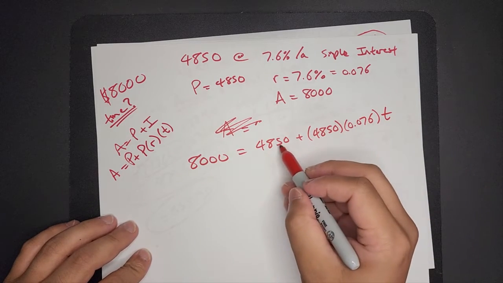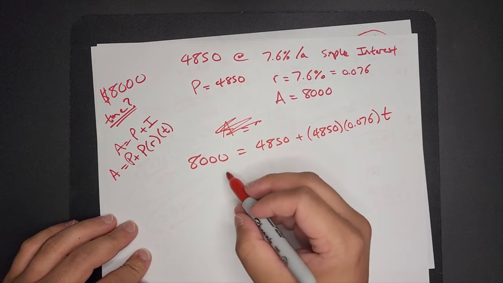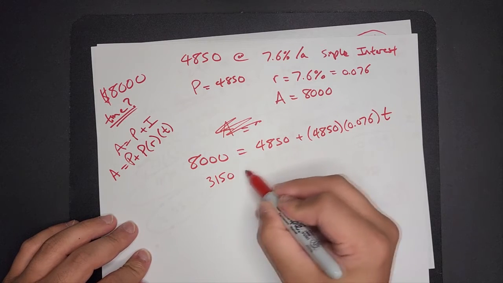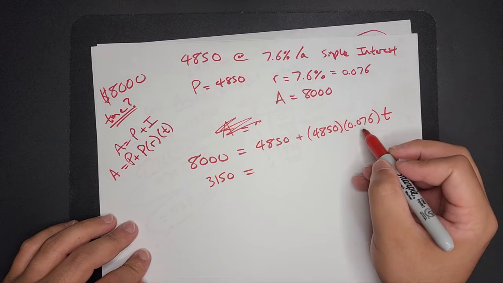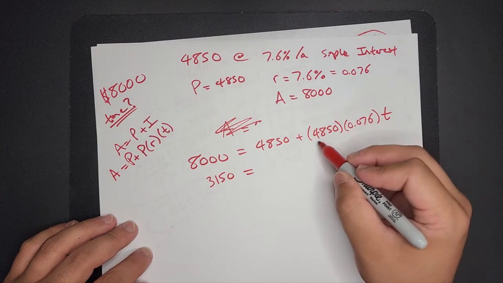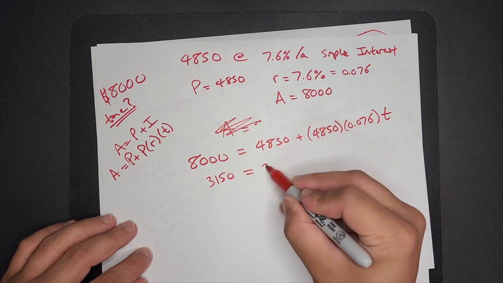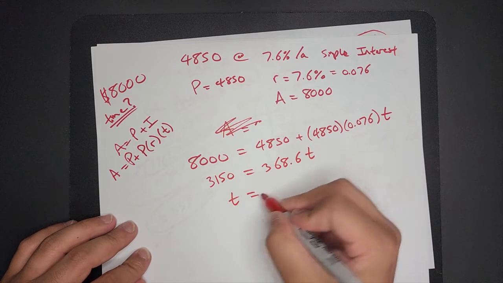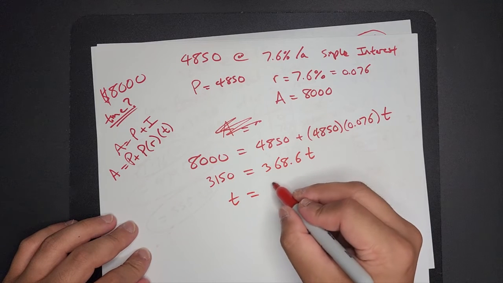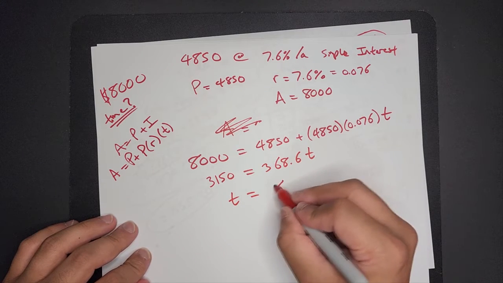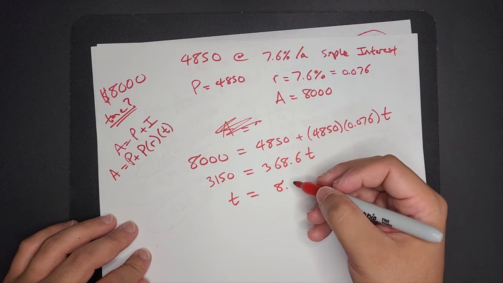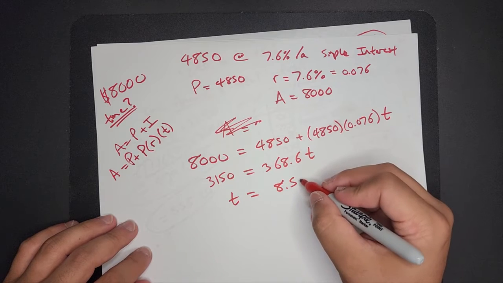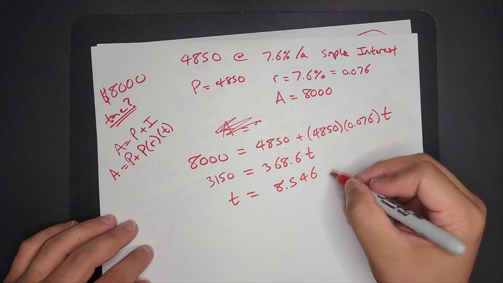And if we were to calculate this, we'll simplify that, I'll bring that one over to that side. That's going to be 3150 is equal to 0.076 times 4850. That'll give me 368.6 t. If I divide, I should get t equals 8.546.